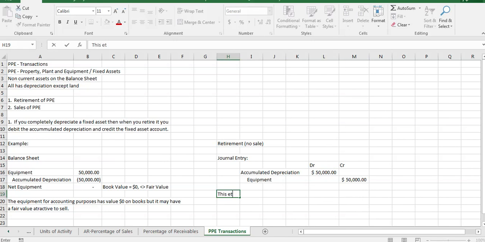This entry will eliminate both the equipment and the accumulated depreciation from the balance sheet. So this is one of the entries that you have to keep in mind. Remember that fixed assets are buildings, property, and fixtures, except land. Land is not depreciable. There are other considerations, but none for this presentation.